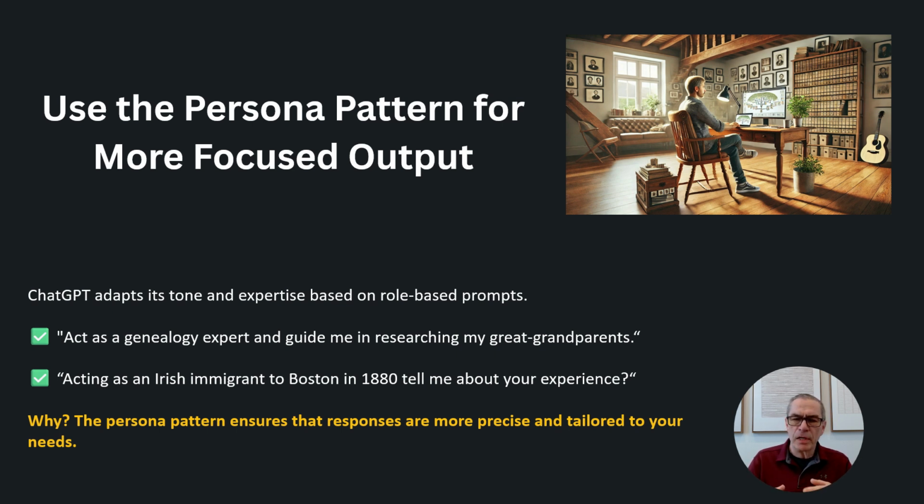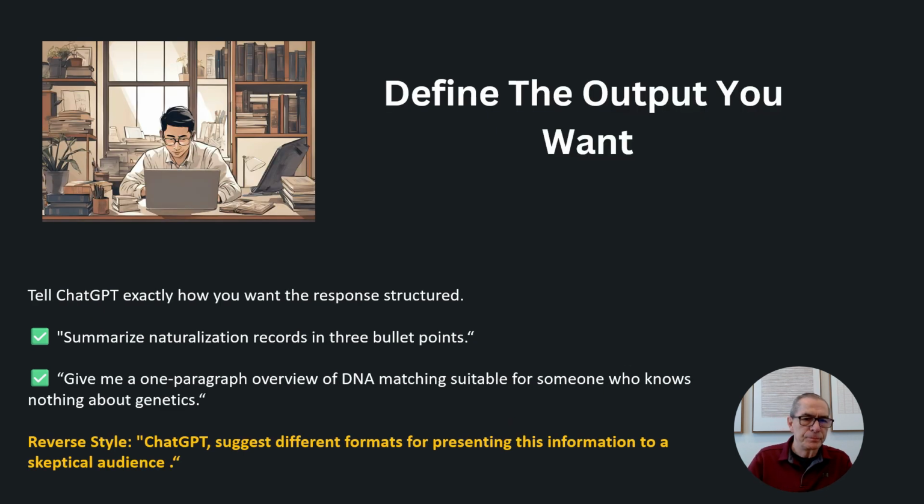And if you're working outside of genealogy, you can do something like act as an HR consultant, act as a marketing consultant, and you'll get different kinds of responses. So the persona pattern really ensures precise responses that are tailored to what you're trying to get out of ChatGPT.